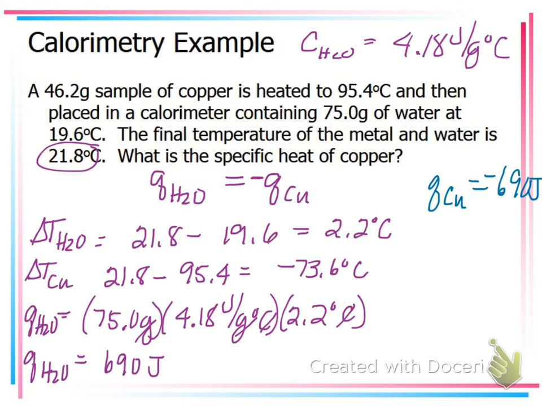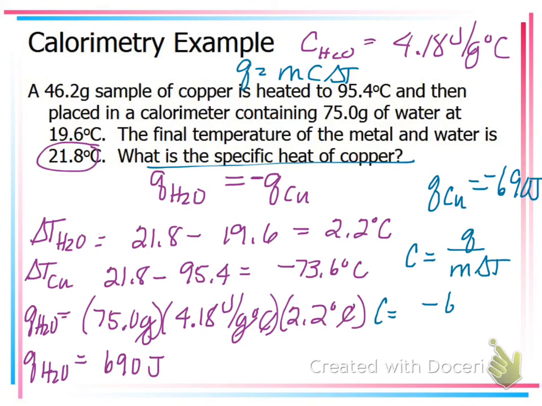So now I can take this equation of Q is equal to MC delta T, and I can solve for C, because that's what it's wanting. So I would say C is equal to Q over M delta T. So negative 690 joules. Mass was 46.2 grams, and then negative 73.6 degrees Celsius.